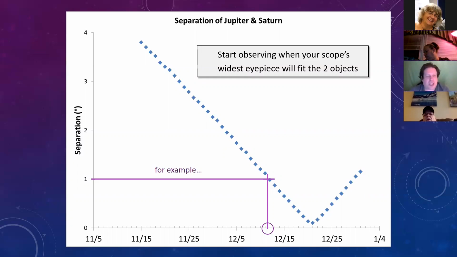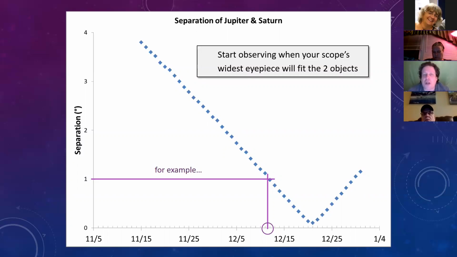All right, but I always like to end on the good news, which is you don't have to appreciate the conjunction when Saturn and Jupiter are at their absolute closest. There are two things that are going to be really neat for the conjunction.